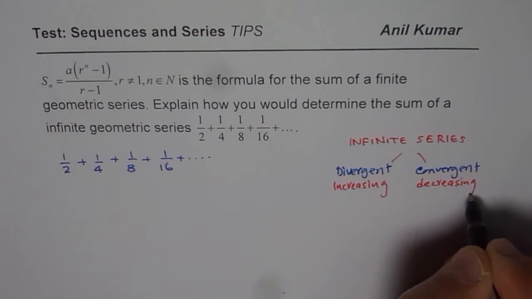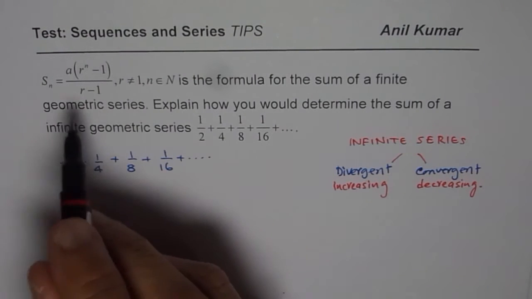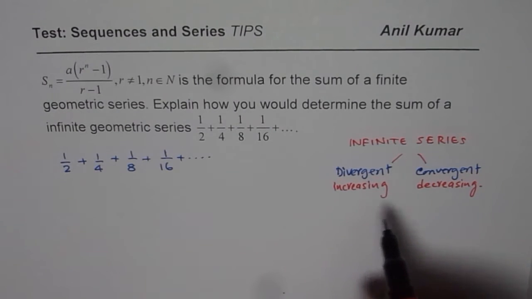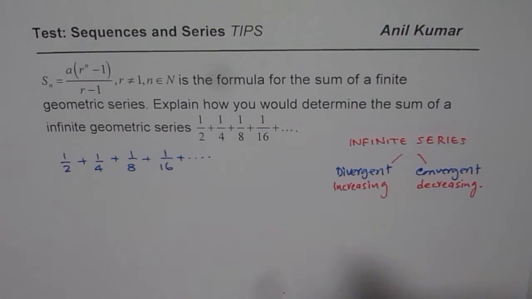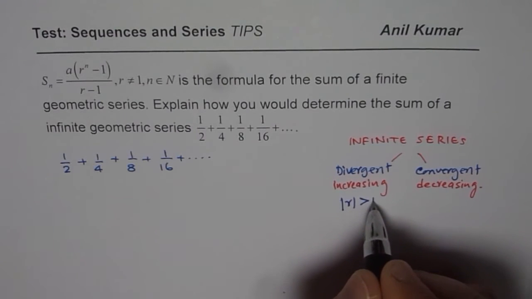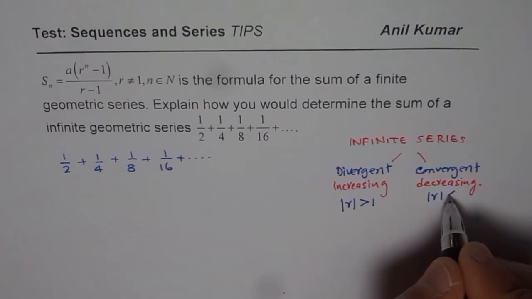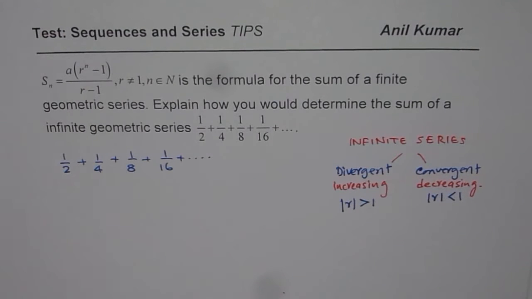Now that makes a huge difference. Decreasing means the r value, that number by which we are multiplying every successive term: if the absolute value of r is greater than 1, then it is increasing. But if the absolute value of r is less than 1, then it is decreasing.